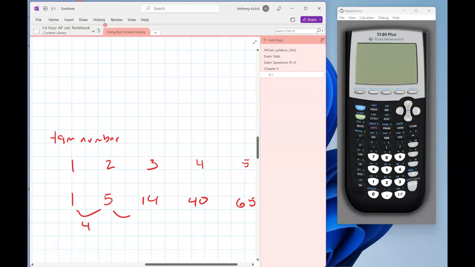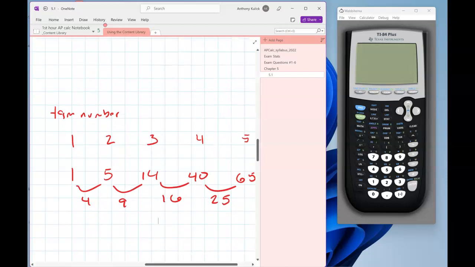So you look at the first common differences. Those are not constant, so we know it's not linear. You look at the second common difference. I guess I was going to need a couple more terms here.